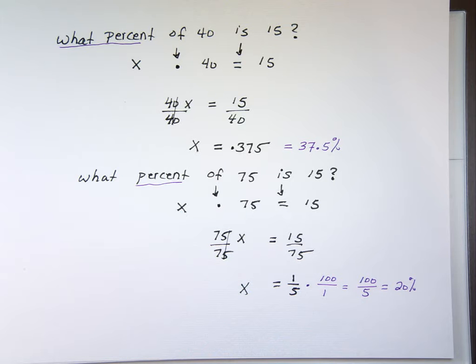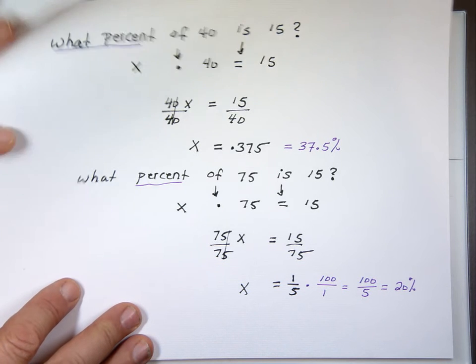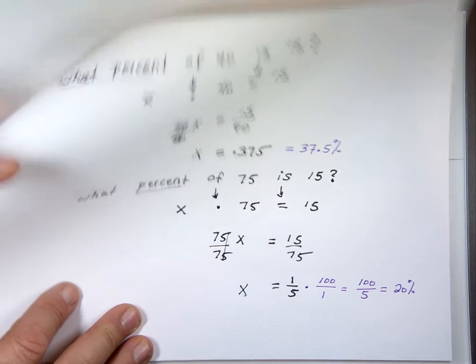So now we need to come up with a different method that I don't have to keep switching. And we do have a method that says you don't have to worry about switching anything. This method's called the proportion method. And we'll show you how it works.